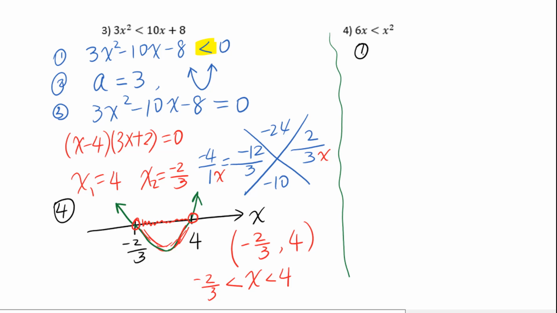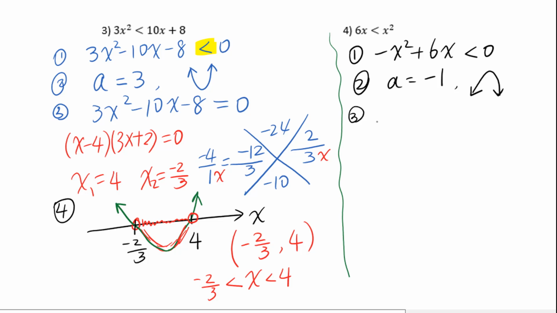Let's go to number 4. First step, get less than 0 form. So we have -x squared plus 6x less than 0. Second step, a equals -1, which means the graph is open down.